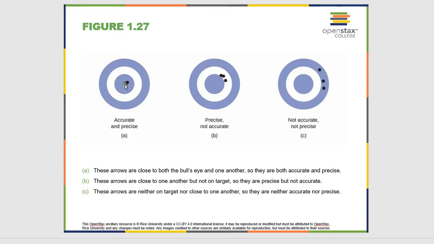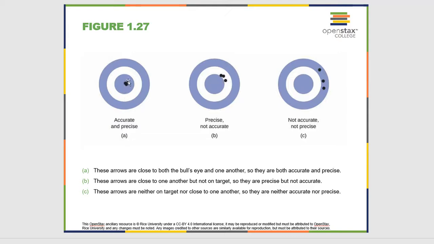So accurate throws are ones which are exactly in the center of the bullseye. So if you get them exactly in the middle, they are accurate. They are precise if they are close to one another. So if this is 3 throws or shots or whatever, this is both accurate and precise. It's accurate because it's near the middle.